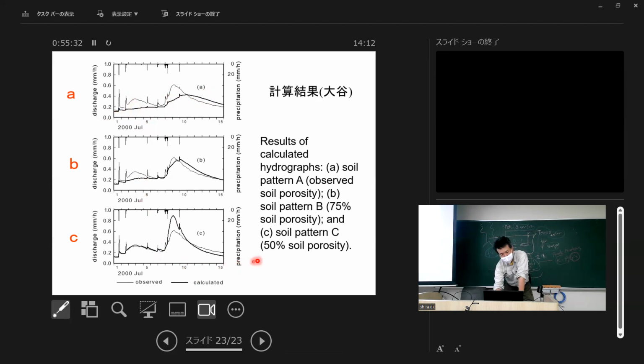If we reduce the soil porosity values by 50%, the numerical simulation shows this, and the timing is good for the secondary discharge peak, and this secondary discharge peak is very well simulated.